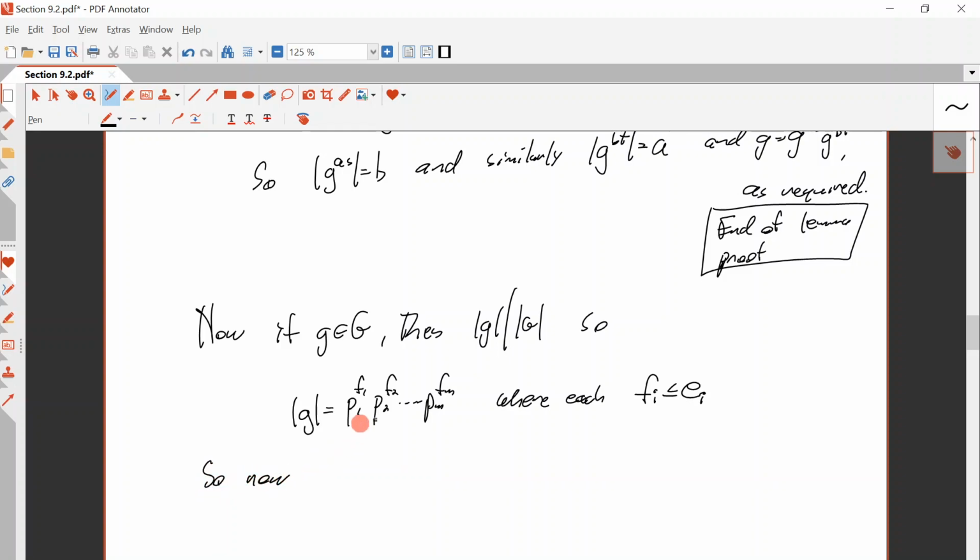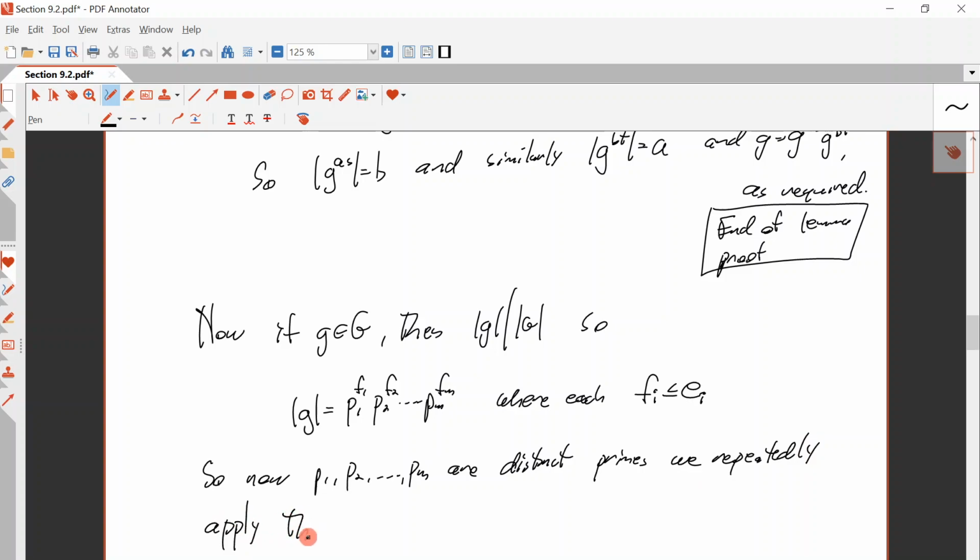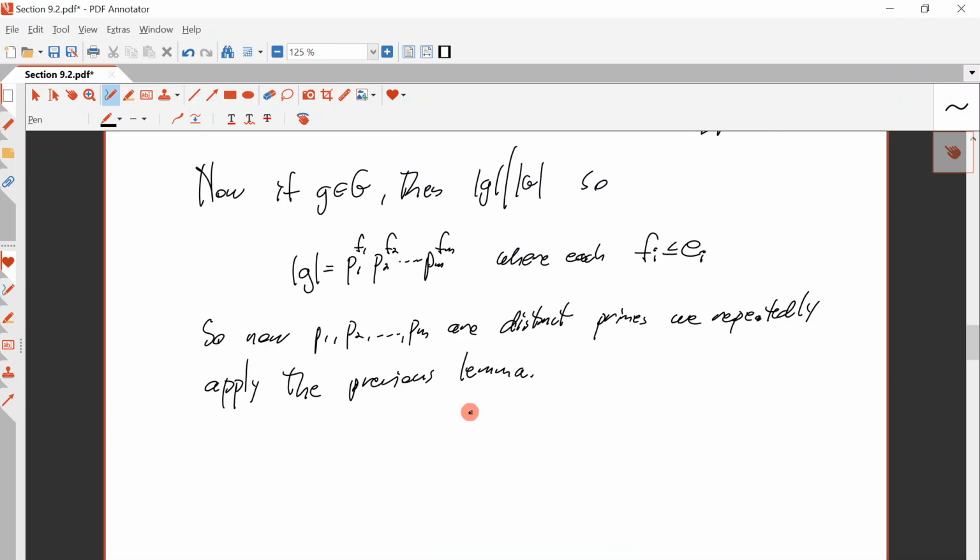So now, since the Pis are distinct primes, we repeatedly apply the previous lemma to get the following.